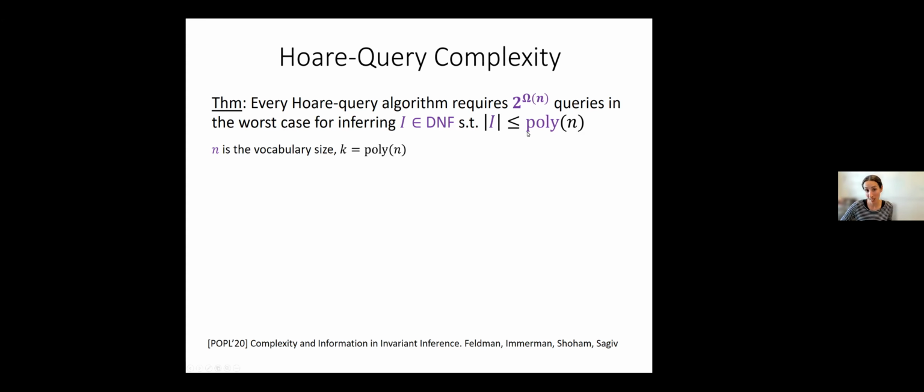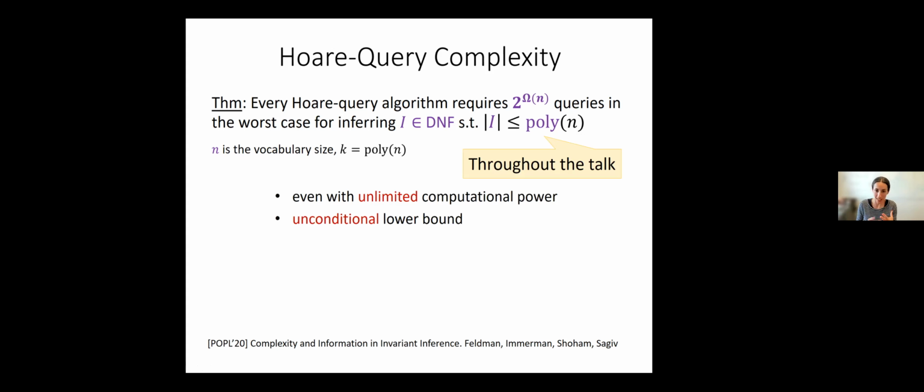Here we say that in the whole query model, we need at least an exponential number of queries to infer even these short invariants in DNF. And the exponential is in n, the number of propositional Boolean variables. I will not always mention this in the rest of the talk, but I will always talk about invariants of polynomial length.